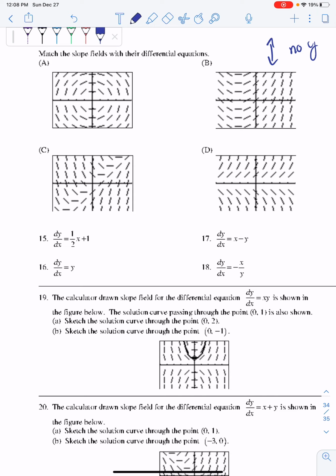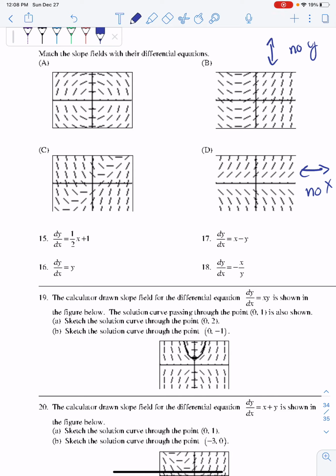Okay, well, maybe it's changing just a little bit. No, it's not changing. So as I'm going up and down, my y's not changing at all. This one, as I go left and right, my slope isn't changing at all. So that means this one's not going to have an x in it. Right? Because as I go to the left and the right, it looks like it's staying relatively the same.